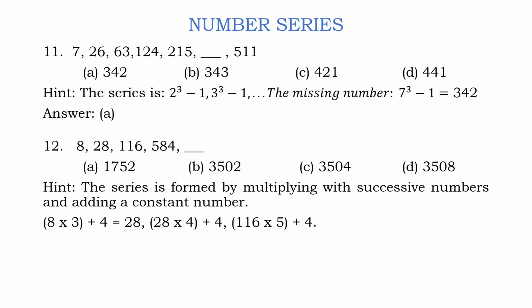Then 28 into 4 is 112 plus 4 is 116. In the same way, 116 into 5 plus 4 is 584. Then the next number should be 584 into 6 plus 4, which is 3508. So the answer is D.